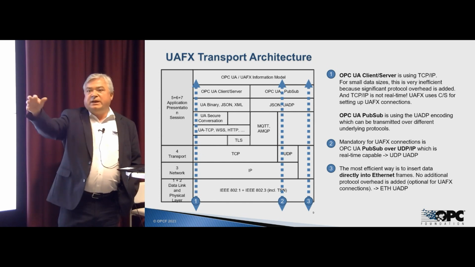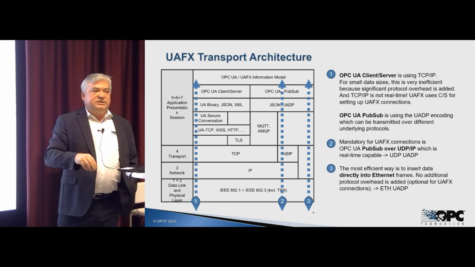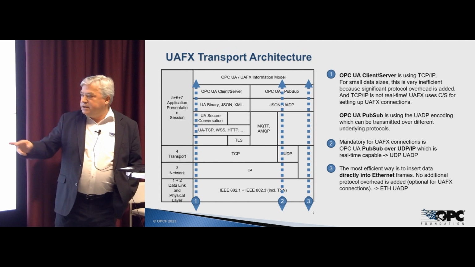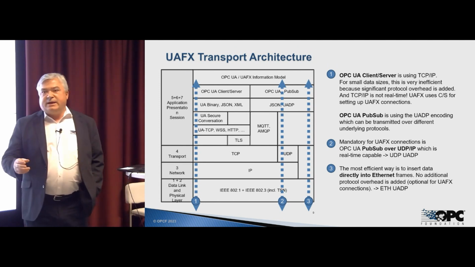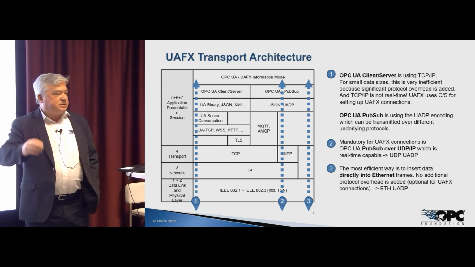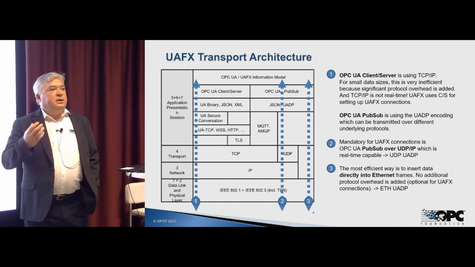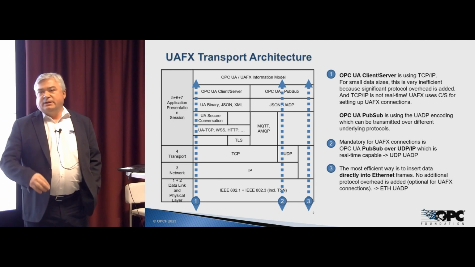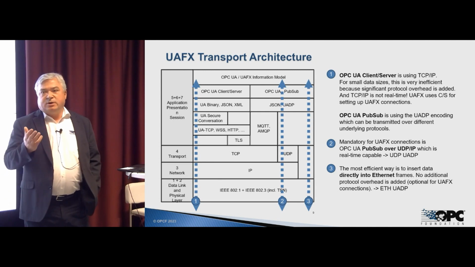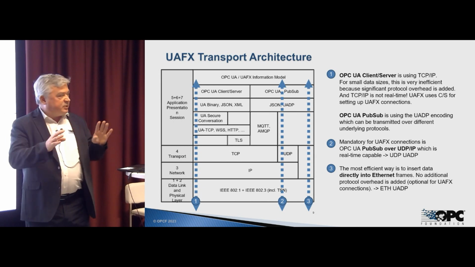So we're directly inserting the data in the Ethernet frames. This is also understood as the raw Ethernet. So 3 is the use case, high performance, motion control, high-speed IOs. And 2 is more the approach where you can fulfill the needs in low-performance applications or process industry. And from that, you can see we are flexible.